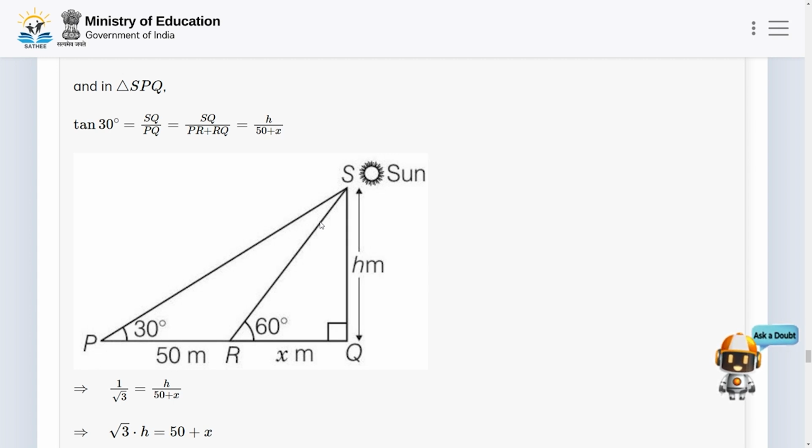SQ is equal to h, PR is equal to 50 and RQ is x. So tan 30 degrees is equal to h by 50 plus x, and we know tan 30 degrees is equal to 1 by root 3. So 1 by root 3 is equal to h by 50 plus x.